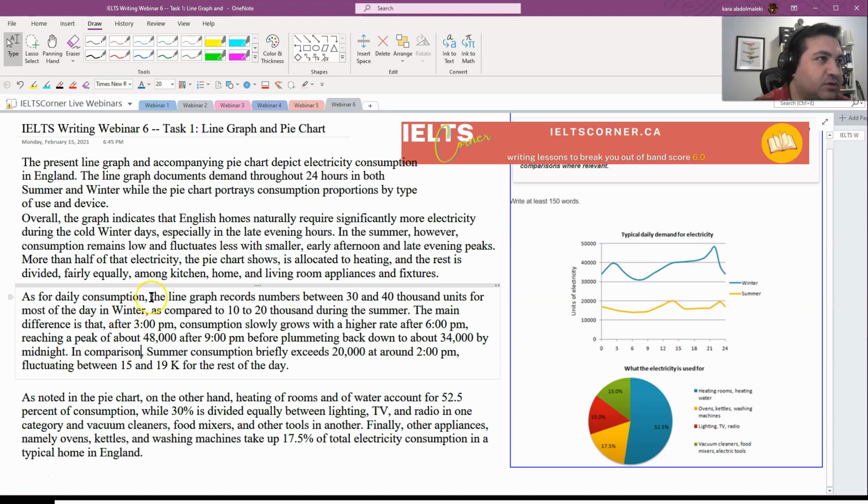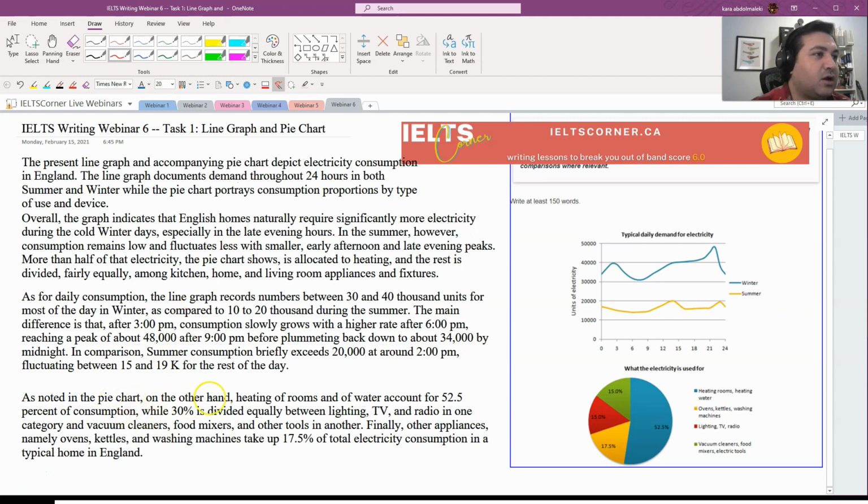So here in my topic sentence, I'm talking about the line graph, what the line graph shows, and here for the pie chart, I'm showing it here. So it is very clear what the line graph and the pie chart each show.